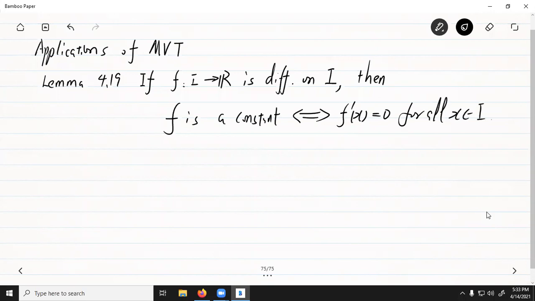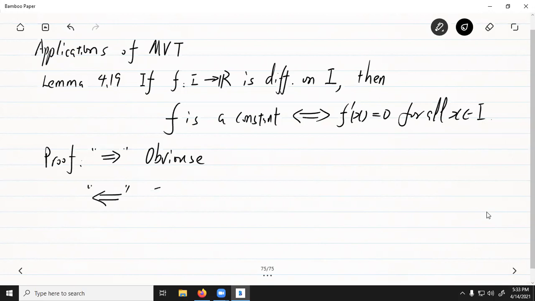Okay, so this is an if and only if problem. So we need to prove two directions. Okay, so this direction: if f is a constant, then the derivative equals 0. Yes, of course. This is from the rules we have. This is an obvious result.